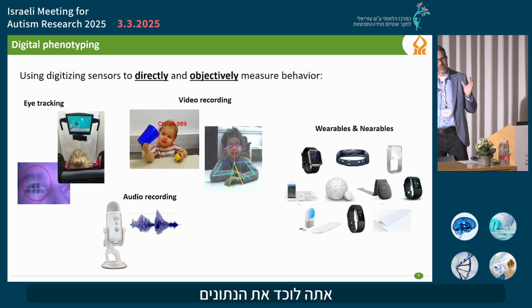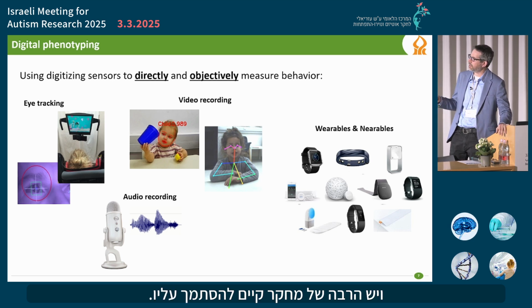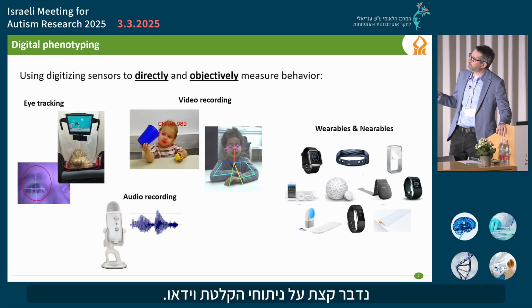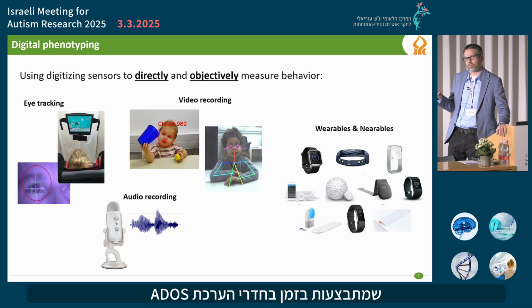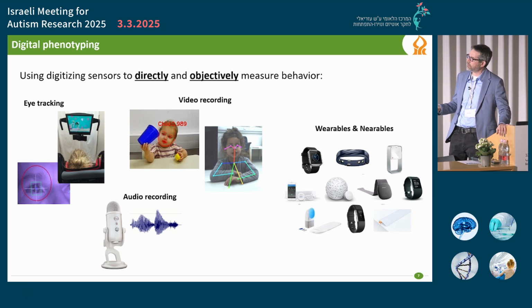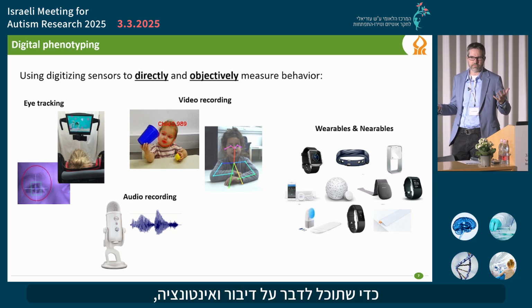The way you capture the data is pretty well defined, and there's a lot of existing research to rely on. We'll talk a bit about video recording analyses. I'll give you examples from recordings that are performed in ADOS assessment rooms, which is what we do at the Autism Center. And in those same recordings, you also have audio, so you can talk about speech and intonation, right?